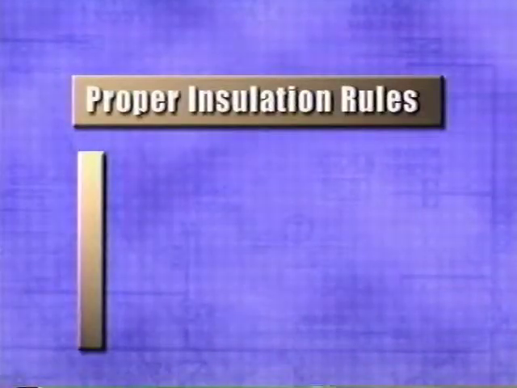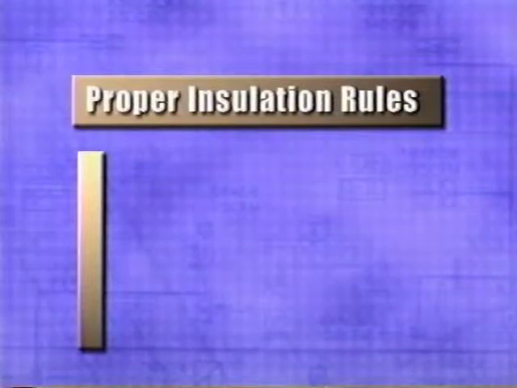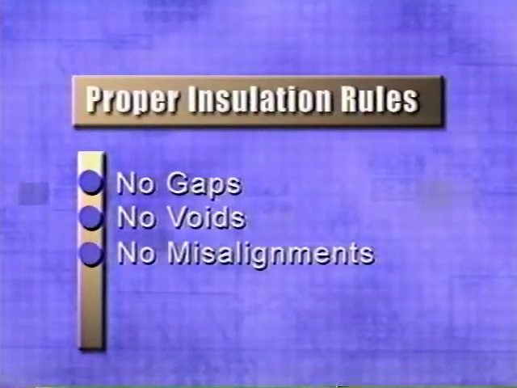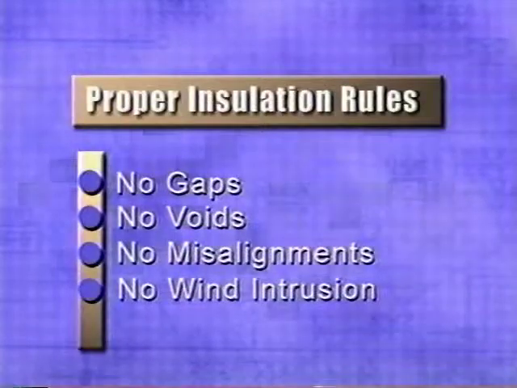To install insulation properly, there are 5 major rules to follow. No gaps, no voids, no misalignment, no wind intrusion, and no compression. Whenever there's any of those problems, the insulation is not working up to the R value that it's supposed to have.